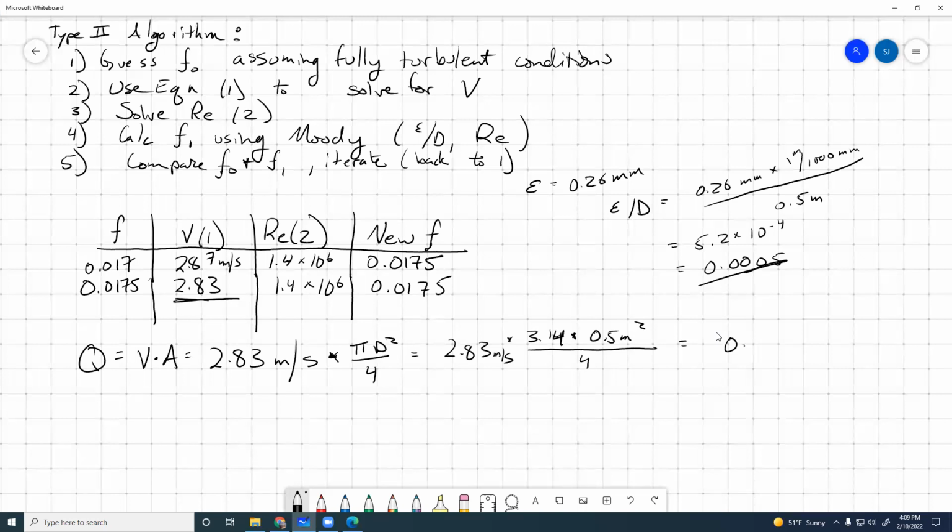And we end up with 0.56 meters cubed per second.